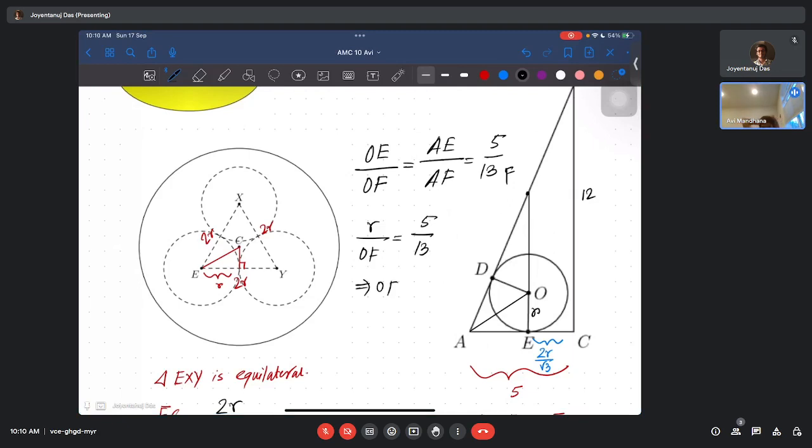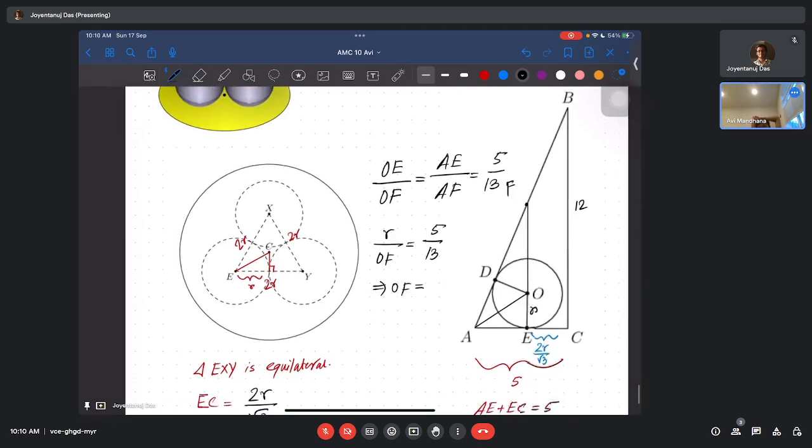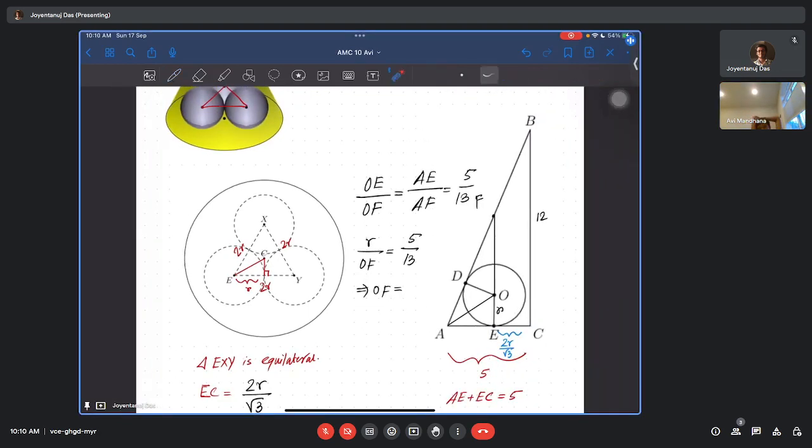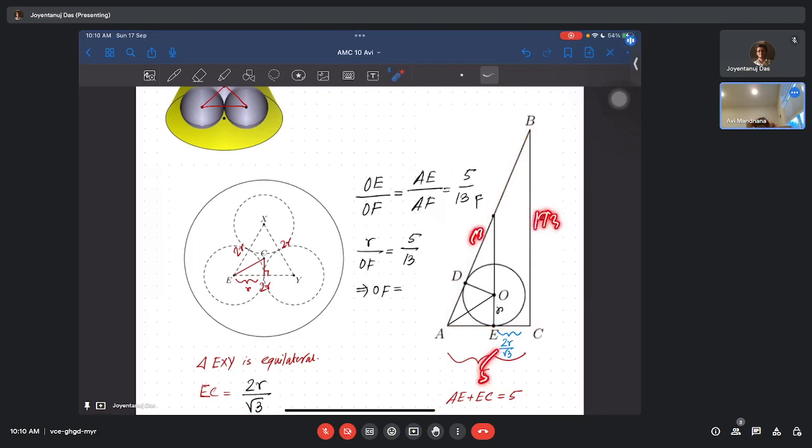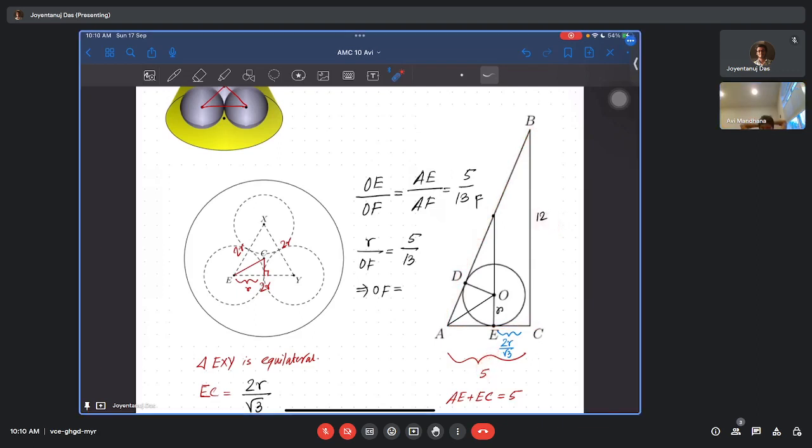Wait, isn't it 5 by 12? No, see, what is AE? AE is this part and AF is this part. If I compare to the bigger triangle, this is AC by AB. AB is the hypotenuse, right? So 5 and 13. Sorry, 5 and 12, the hypotenuse is 13, right?